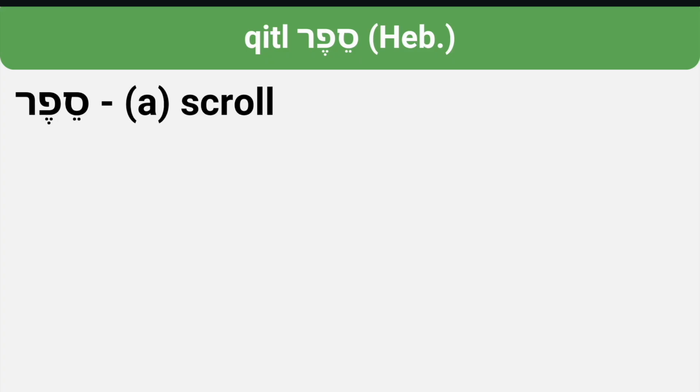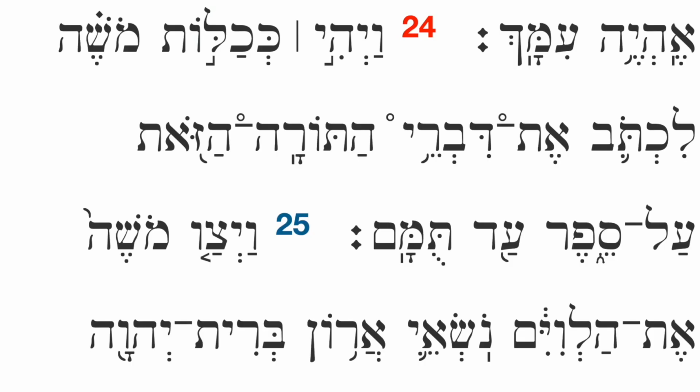Sefer, scroll, a scroll. So we see the masculine singular absolute form of this word in Deuteronomy 31:24, for example, where we read, Vayhi kechalot Moshe lichtov et divrei haTorah hazot al sefer ad tumam. Now it happened when Moses finished, so kechalot Moshe, we have the infinitive construct, chalot, with the prepositional prefix.